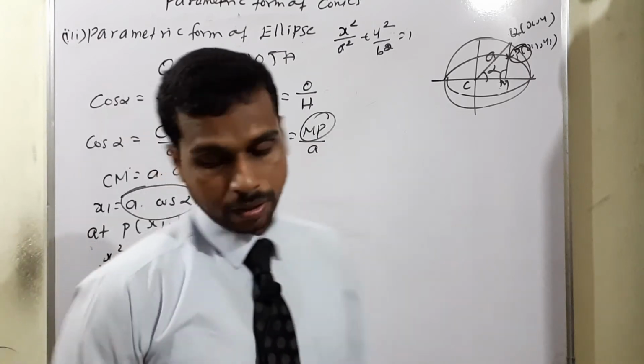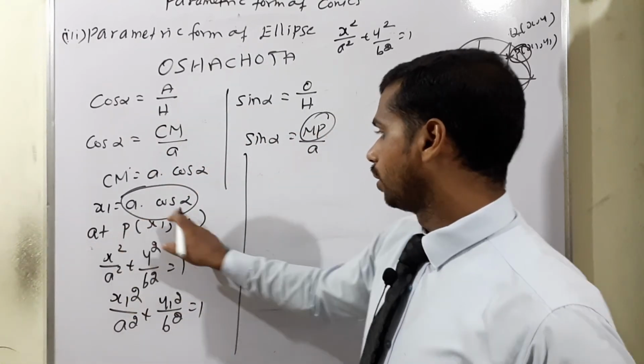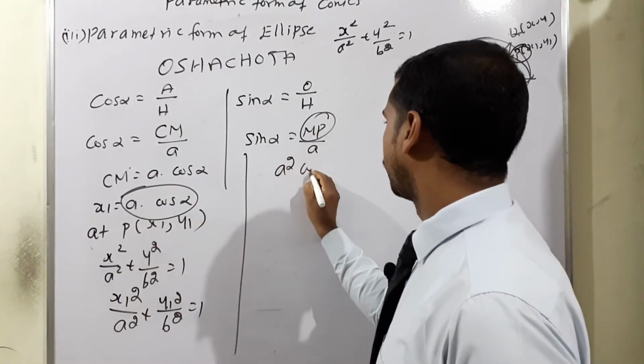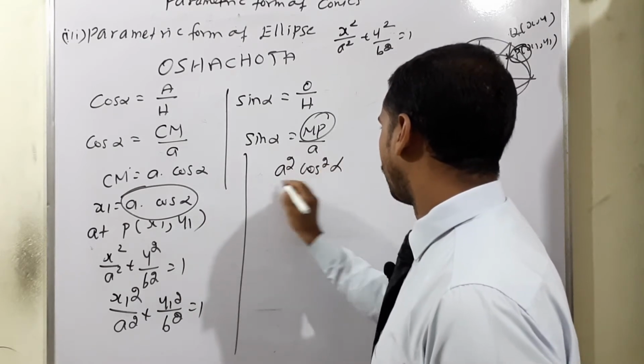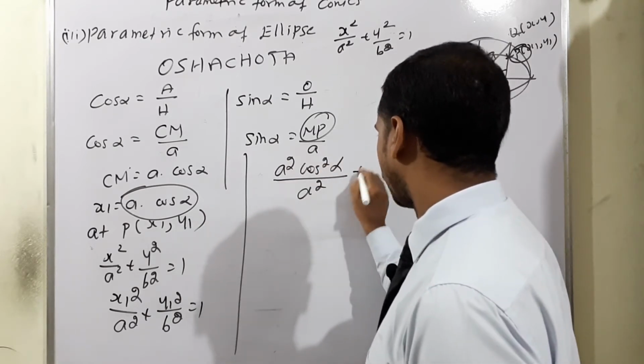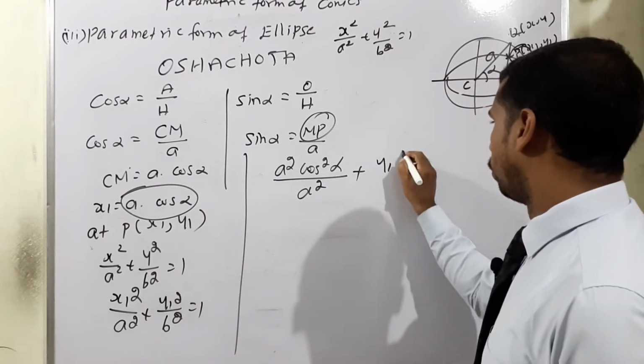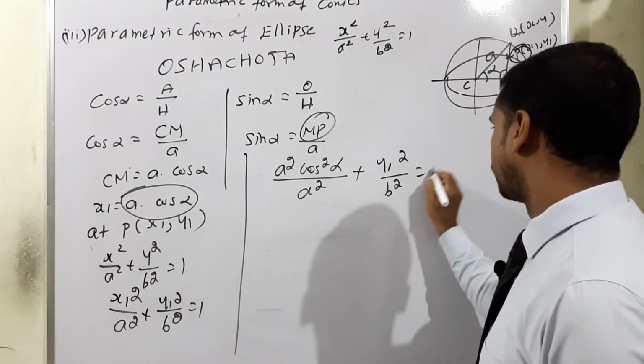Substituting x1, we get A square cos square alpha divided by A square plus y1 square divided by b square is equal to 1.